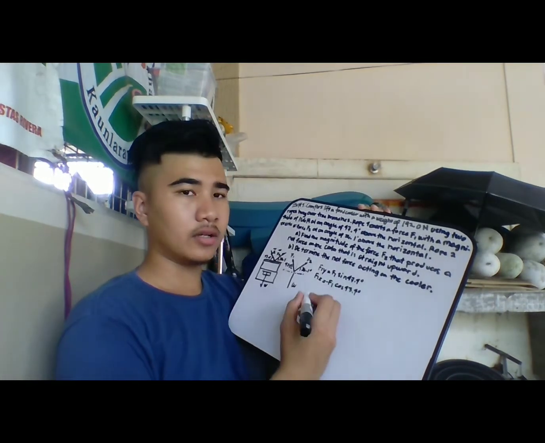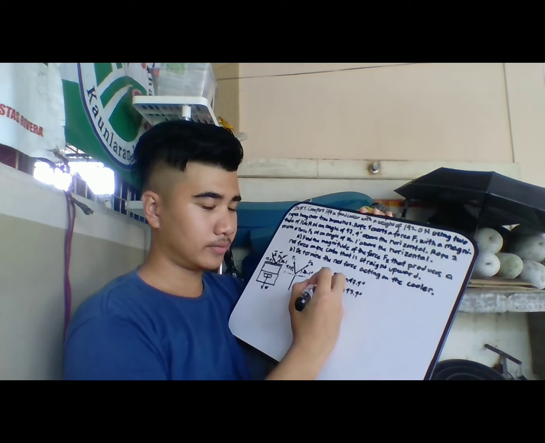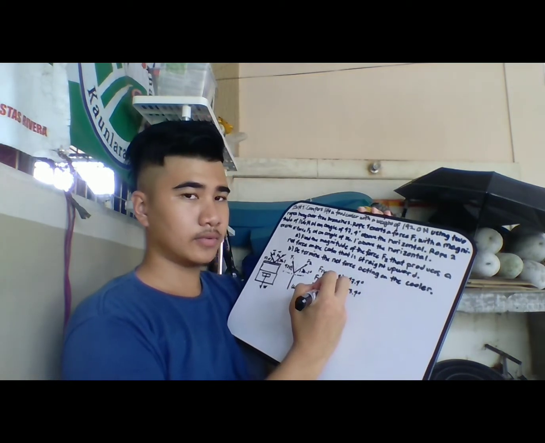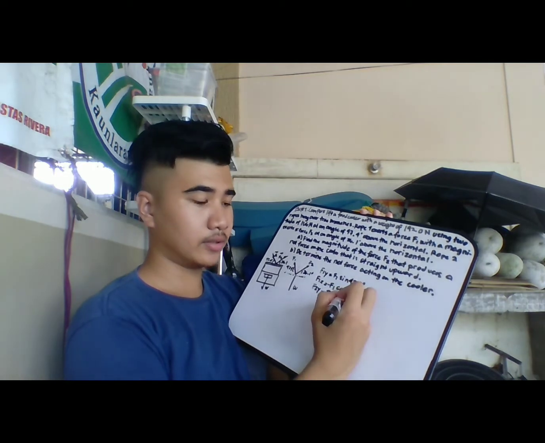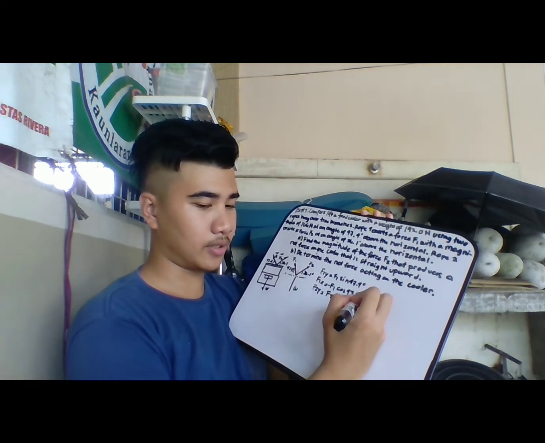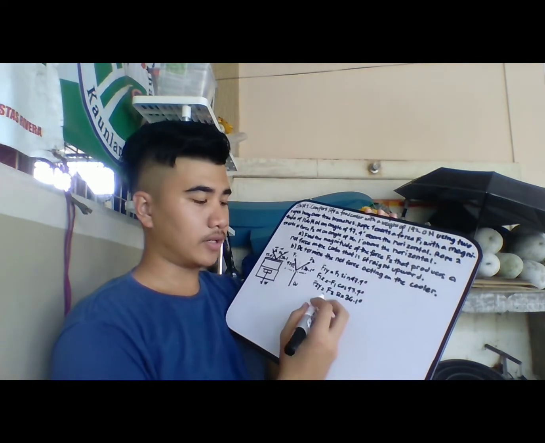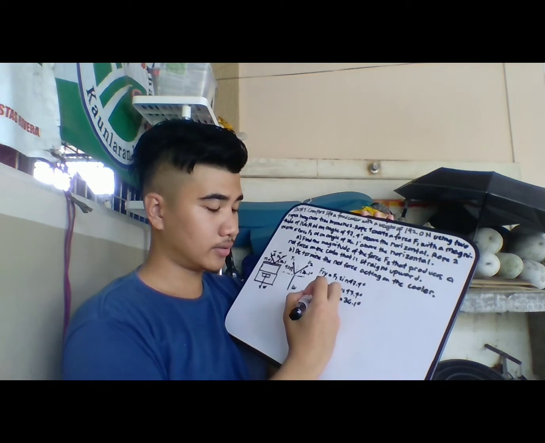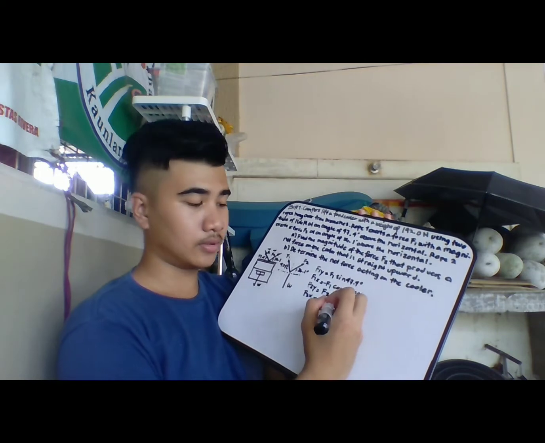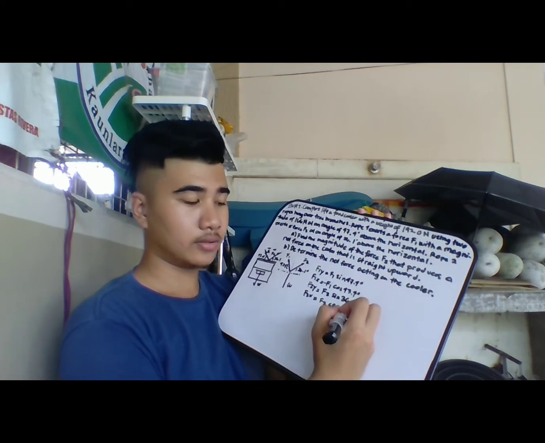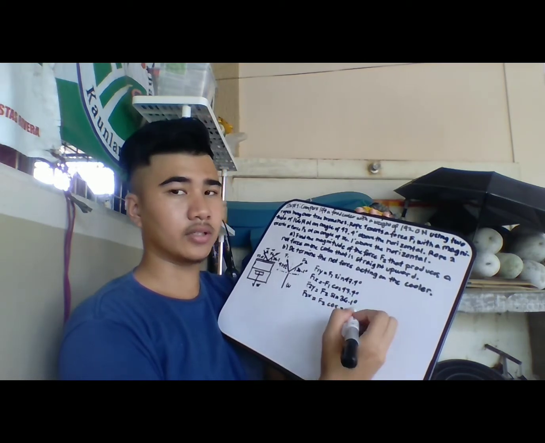For the F2y, it is equal to F2 sine 36.1 degrees. For the F2x, it is equal to F2 cosine 36.1 degrees.